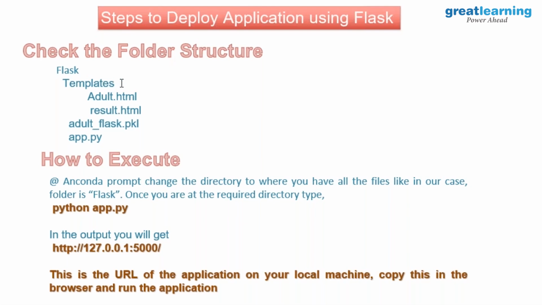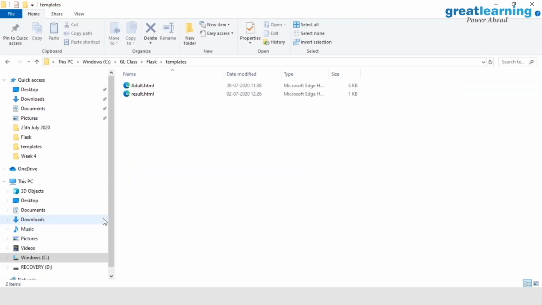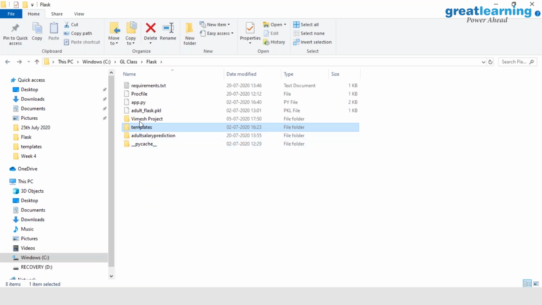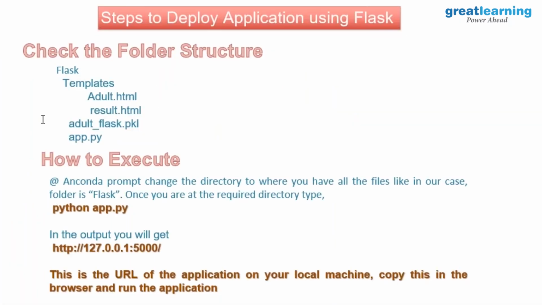Under that, I have another subfolder by the name templates, which has adult HTML and result HTML. At the same level where I've created templates, I have these 2 files being stored: adult_flask.pkl and app.py. This is the model file, and this is the .py file which I created. You just go back and look at it. I have adult_flask.pkl and app.py. Okay, it is mandatory that you have a structure like this.